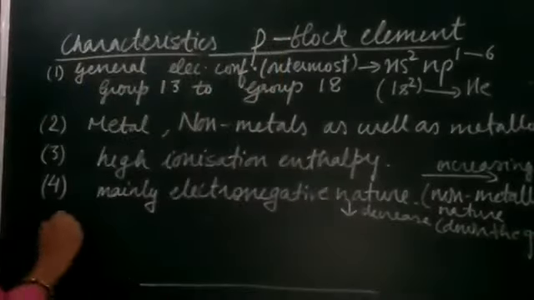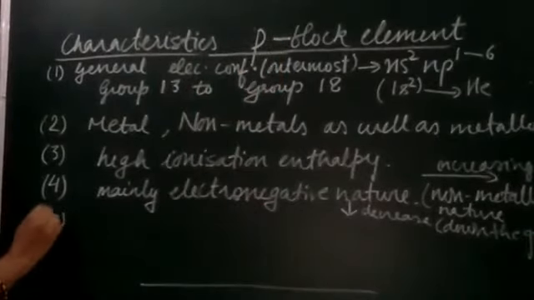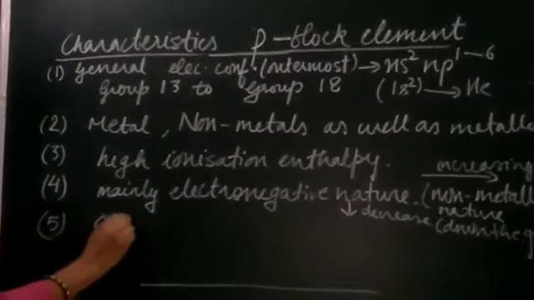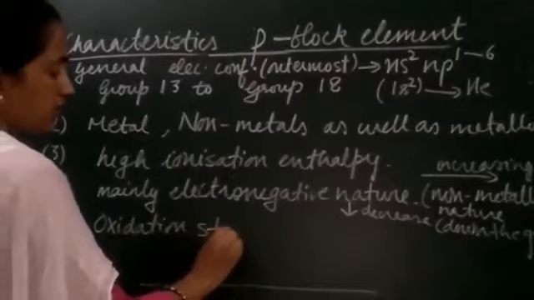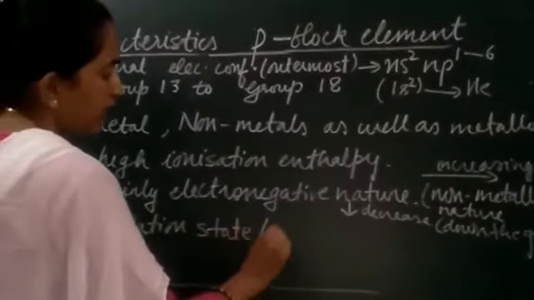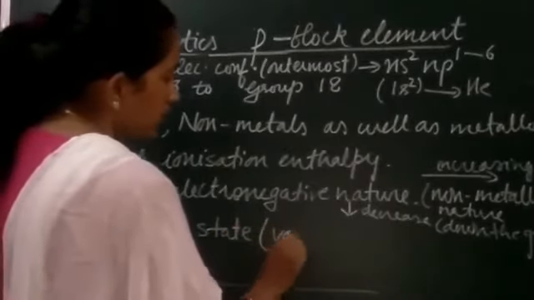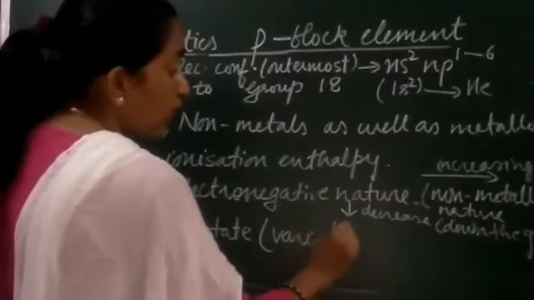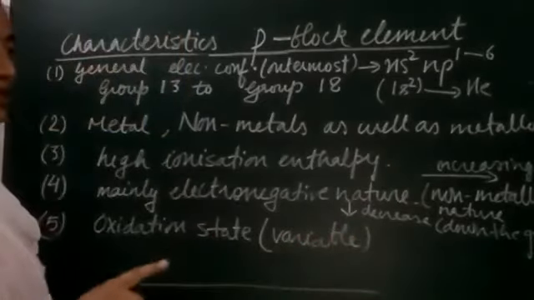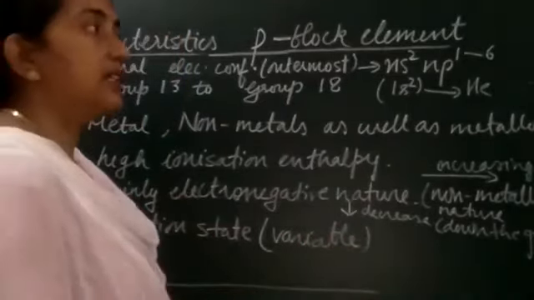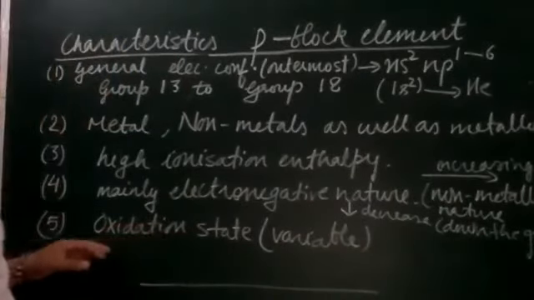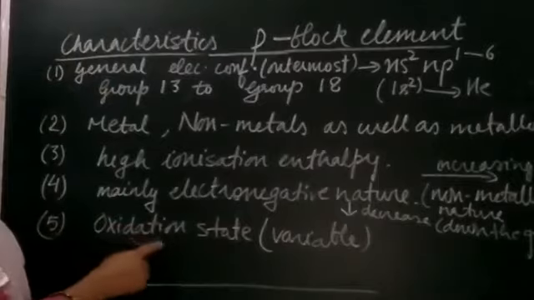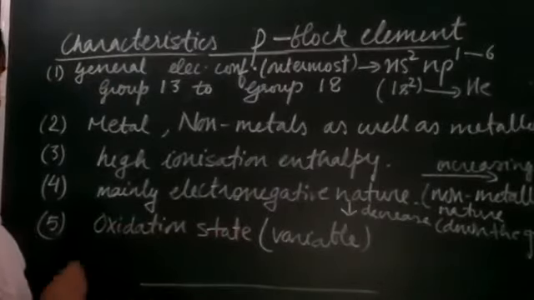Now the fifth point is the oxidation state. The oxidation state is variable. They show more than one oxidation state. In the s block, it was only +1 for alkali metals, and alkaline earth metals show a +2 oxidation state, whereas in the p block, the elements show variable oxidation states, right?